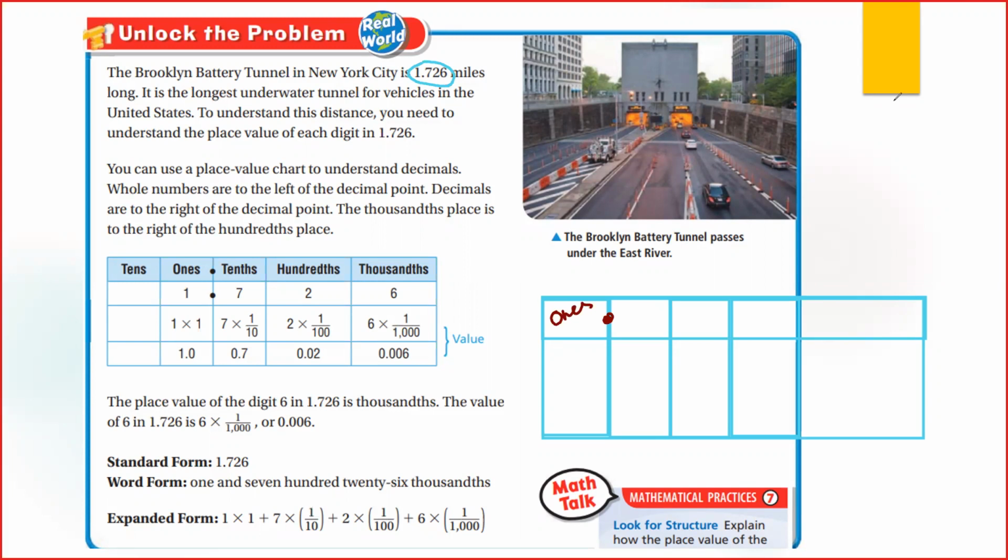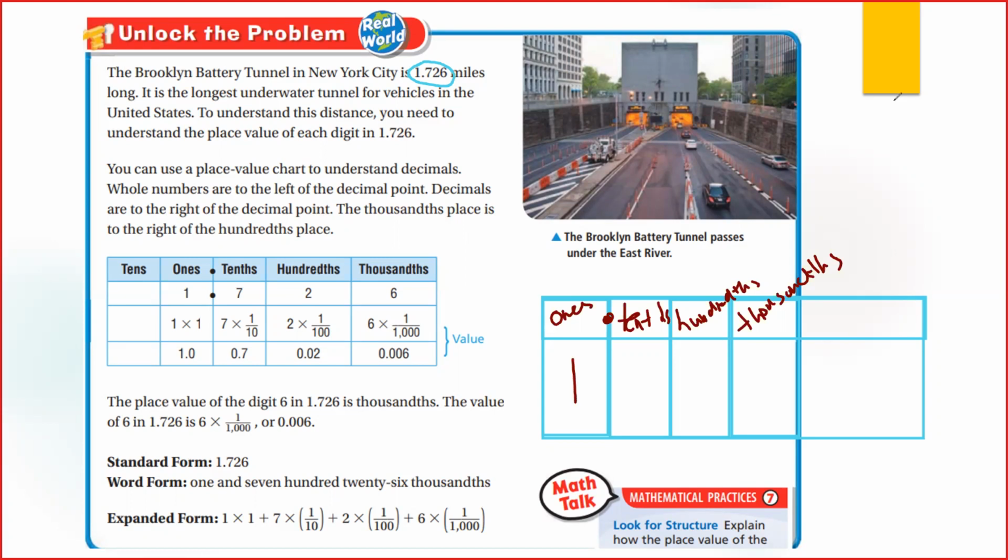Then 1/10, so we call it tenths; 1/100, hundredths; and 1/1000, thousandths. This is the place value chart of the decimals. Then next, I need to represent the number in the place value chart.